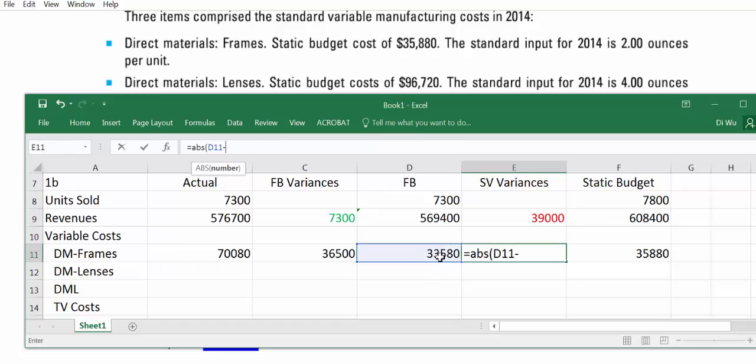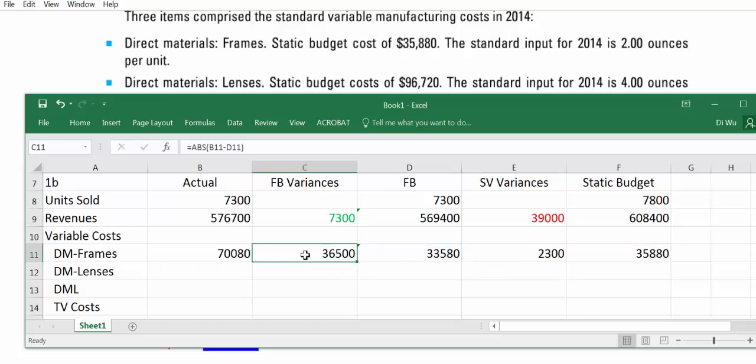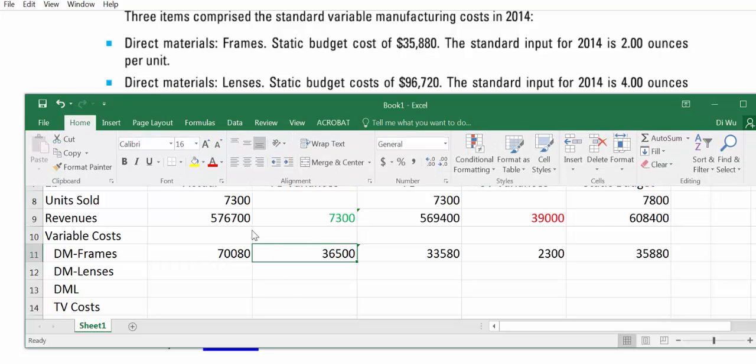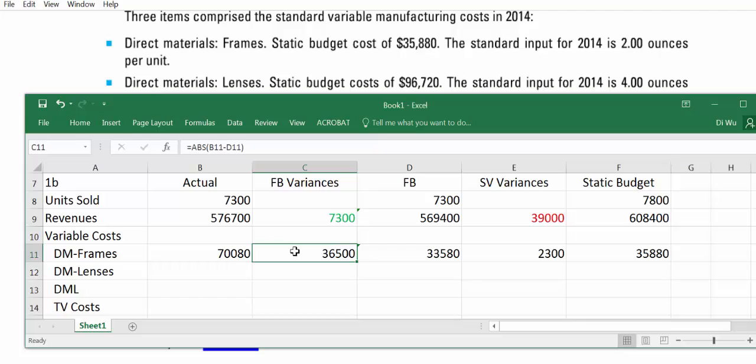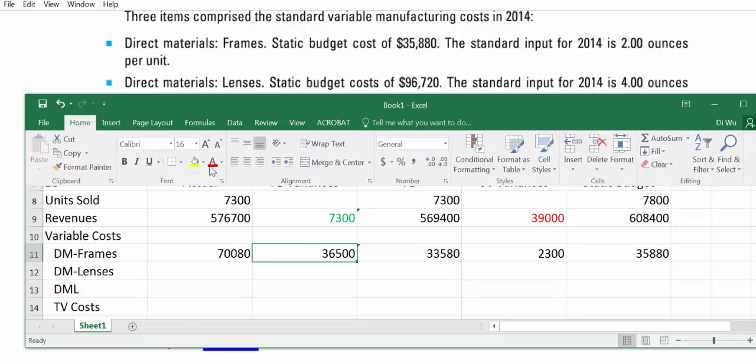All right, so you find the variances. The first one is the flexible budget variance, and because the DM frame costs are much higher in the actual business operations, it's going to be unfavorable.